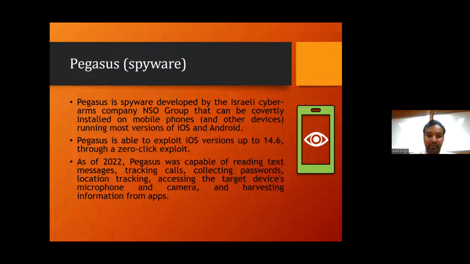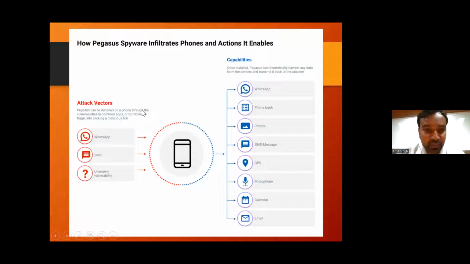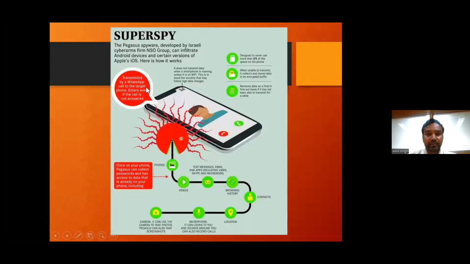So how does this work? It can be deployed on your phone via WhatsApp, via SMS, and any unknown vulnerability, like they send you a link in an email. That is a very general type of attack, but the main way it is installed is via WhatsApp. It can be transmitted by a WhatsApp call to the target phone, even if the call is not answered.